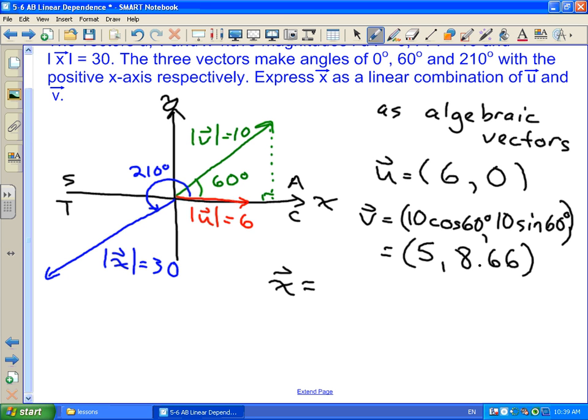If we just visualize this ordered pair that's going to represent the tip of vector x, what are the signs of the two components? Yeah, they're both going to be negative. This is going to be negative something and negative something.